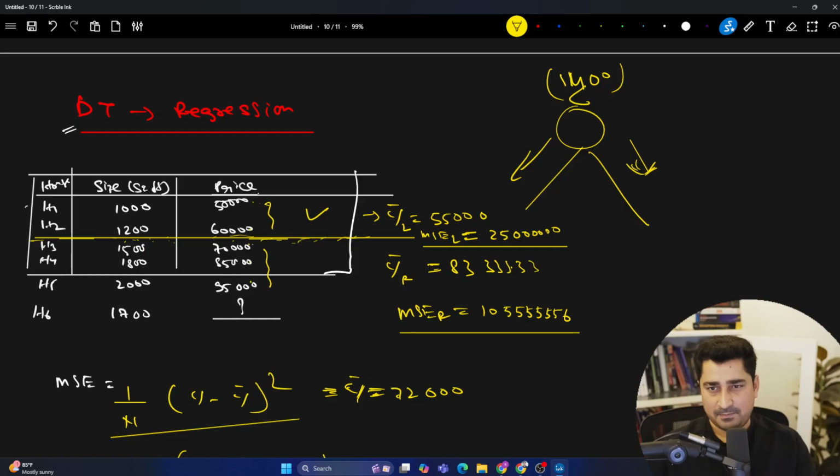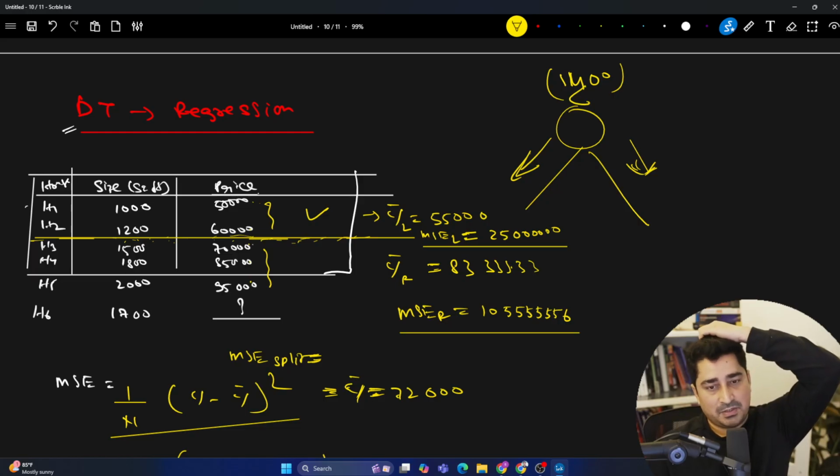When I'm splitting, when I'm saying that if the flat size is lesser than 1400 square feet, come this side, and if the flat size is greater than 1400, come on that side. Now if you are going to calculate MSE for a split, it's going to be the probability with respect to the data.